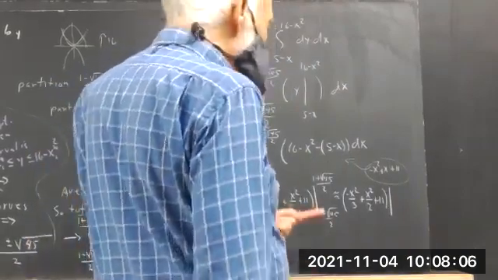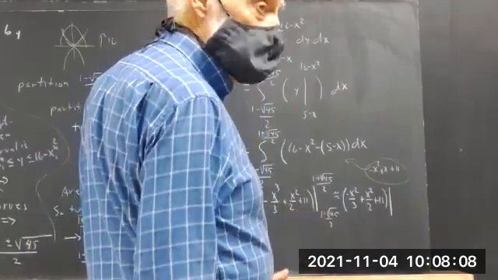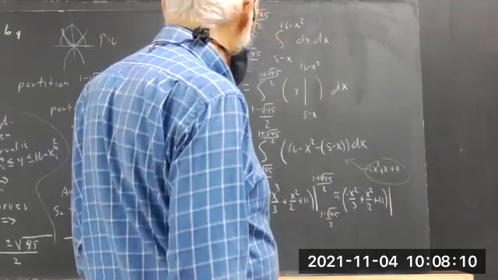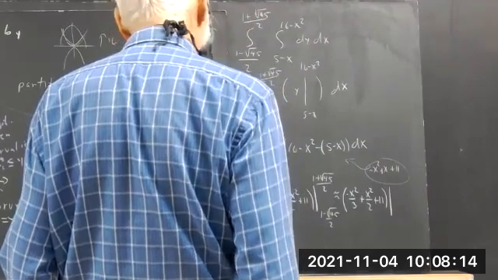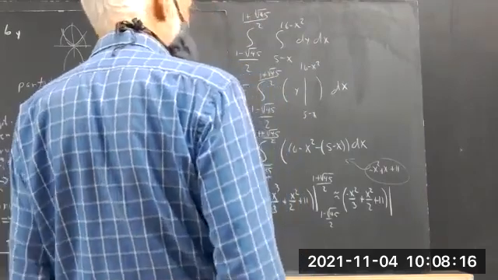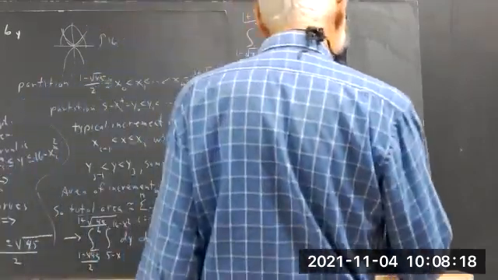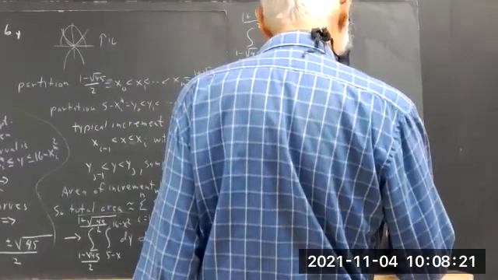Down here, you're going to have 5.7 divided by 2, and negative 5.7 divided by 2. And that's negative 2.85.